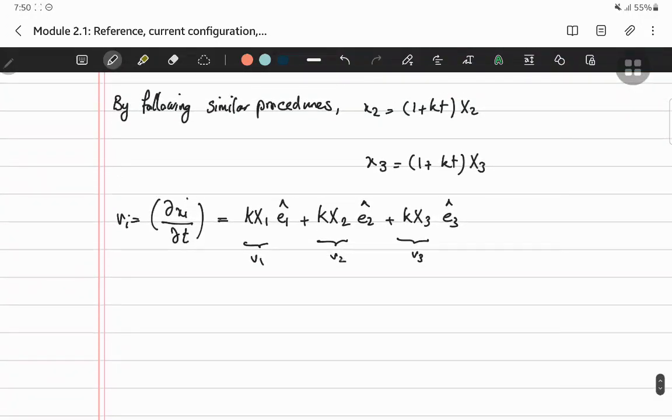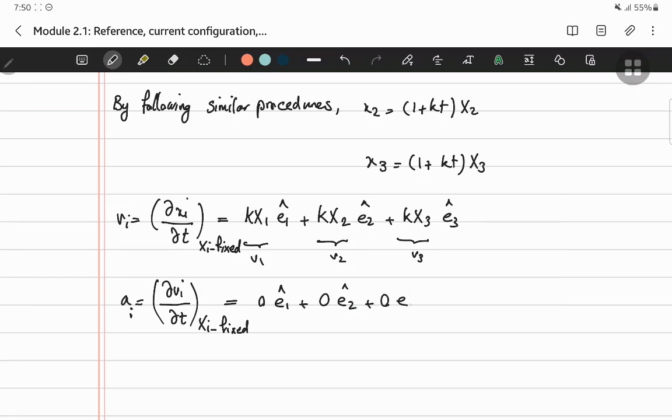So that's why, if we take the derivative of this, so we say vi with respect to t at xi fixed, this will be 0 e1 plus 0 e2 plus 0 e3.